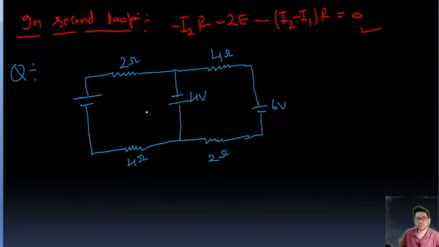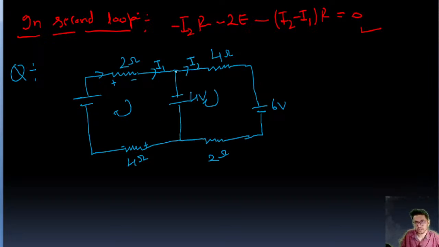Now we'll take this as clockwise, and we are also going to take the clockwise direction of current. This is plus minus, and this is plus minus. Plus minus means the sign will be negative. In loop 1 this current is I1, and this is I2.